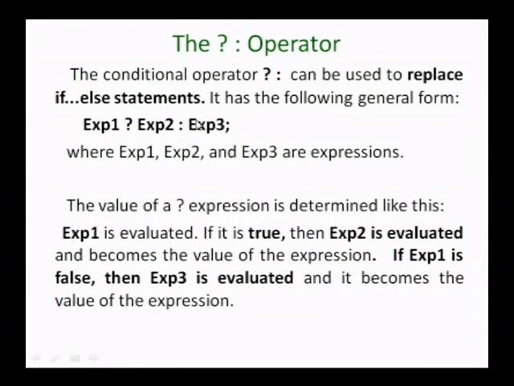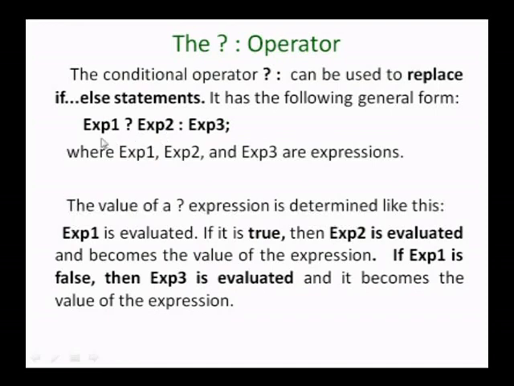Next, we have a special operator in C which we call the conditional operator. The conditional operator has two symbols, that is, one is the question mark and another is the colon. This conditional operator can also be used in place of the if else statement, provided that we have only two options over here.